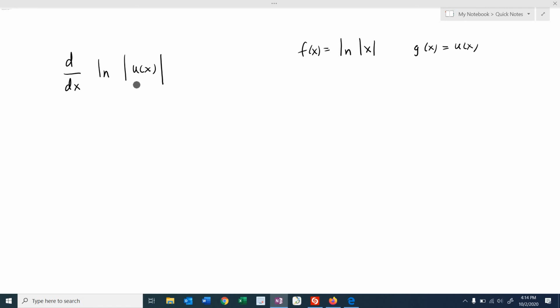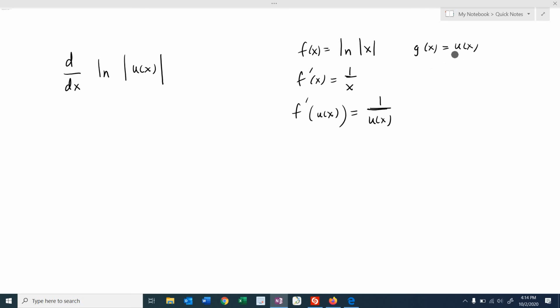Okay, so in order to find this derivative, we're going to have to use the chain rule. Okay, so f prime of x, well, the derivative of this we know is 1 over x, right? We just found it. And then you have to evaluate that at the inner function, which of course is just u. And so you just get 1 over u of x. Okay, so that's our outer derivative.